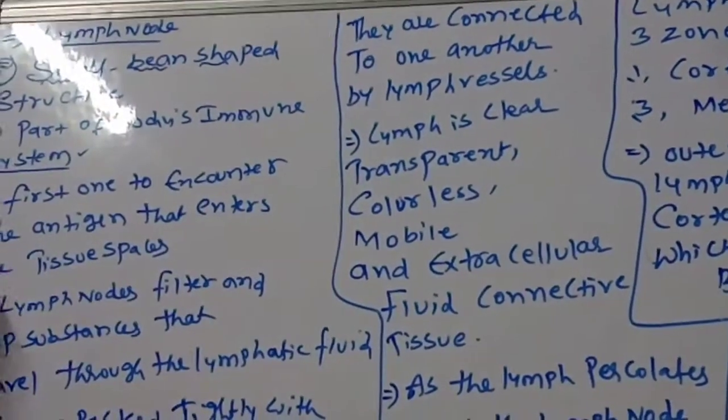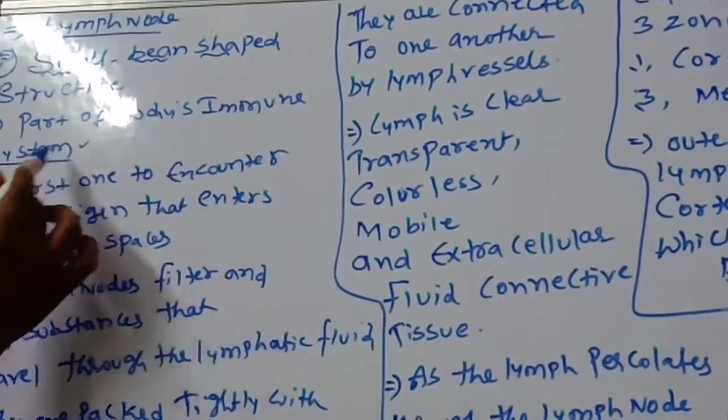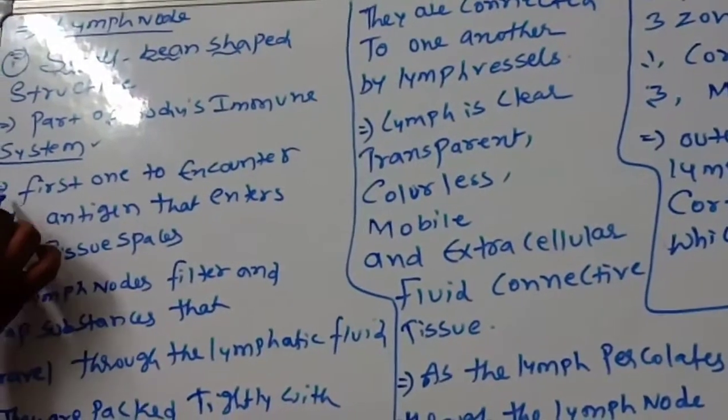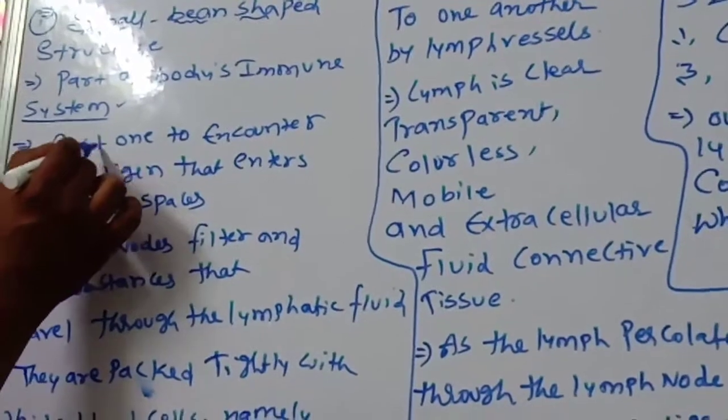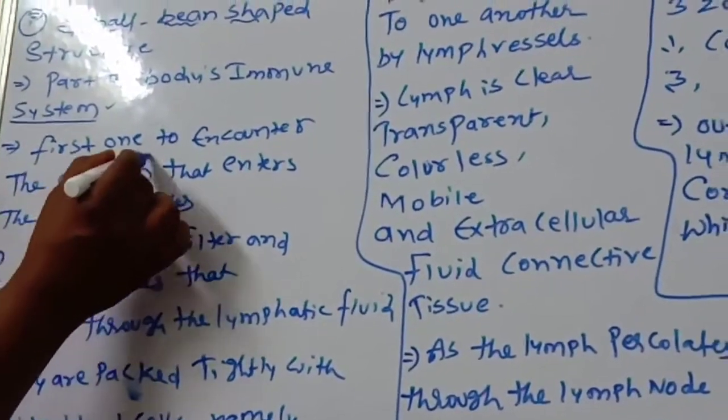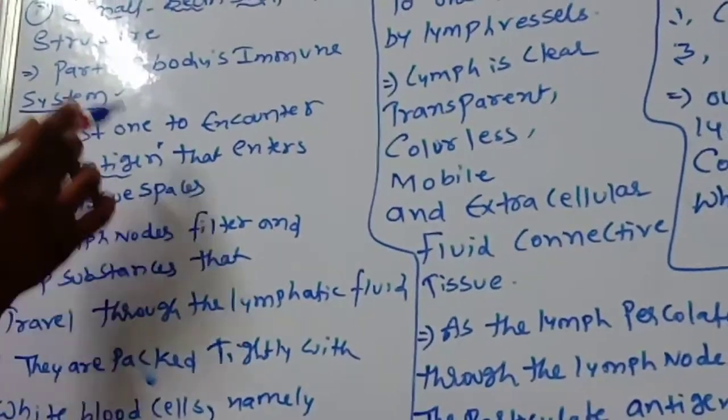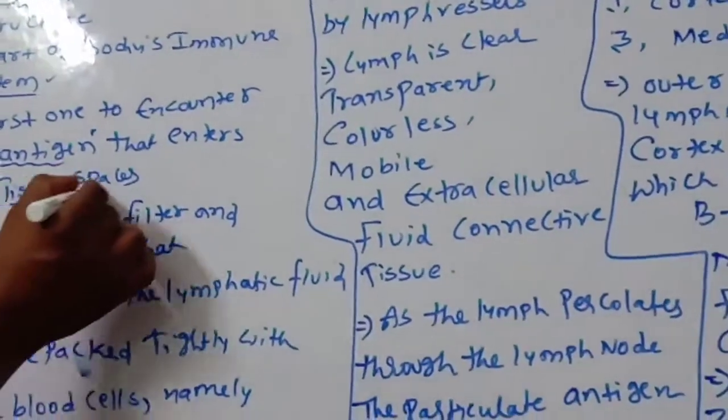Second point is clear: the lymph node is part of the body's immune system. Third point, it is the first one to encounter, meaning the first one to fight the antigen that enters the tissue spaces.